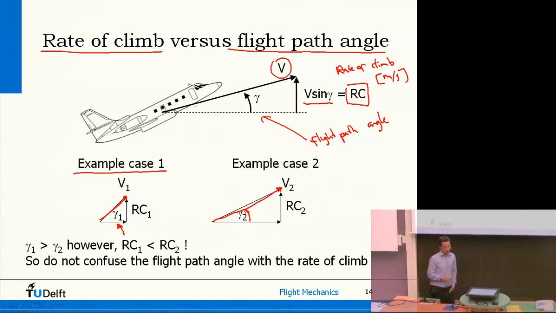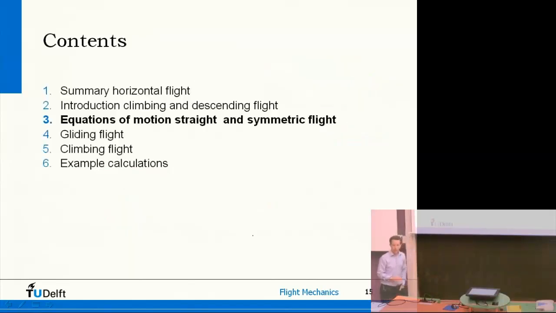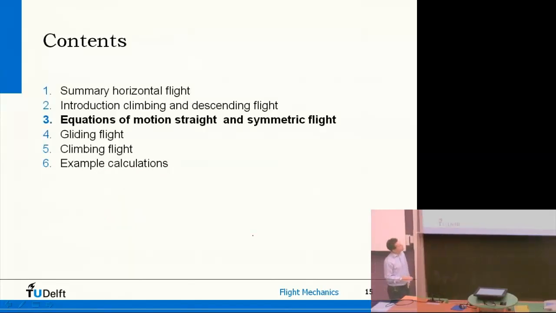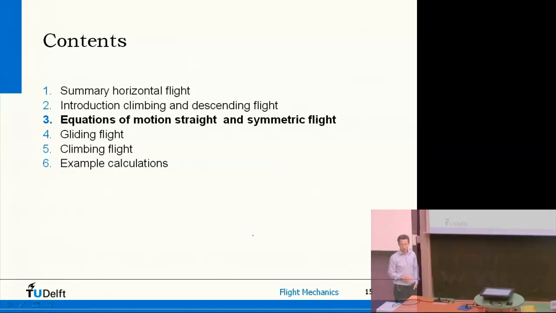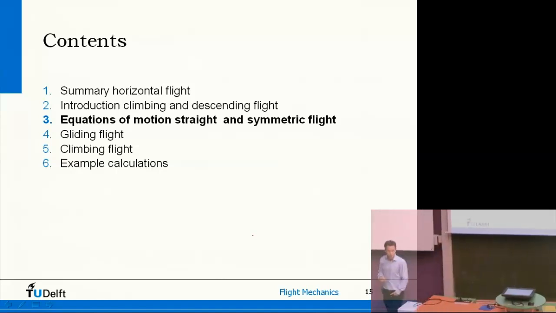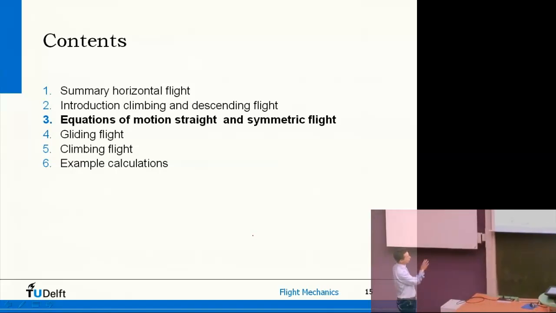Then let's have a look again at the equations of motion, but in this case I'm going to talk about straight and symmetric flight. So this means I'm not talking anymore about horizontal flight. Now we're going to climb or descend. Now, if you take this diagram, I've shown it several times already, but if you draw all the forces on the aircraft and all the accelerations, then this is what you get.